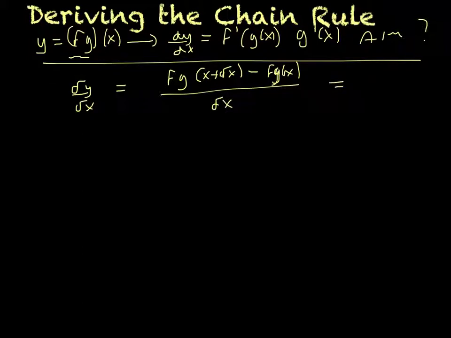In order for us to say that this is the differential, we need to take limits on both sides, as delta x tends to 0.